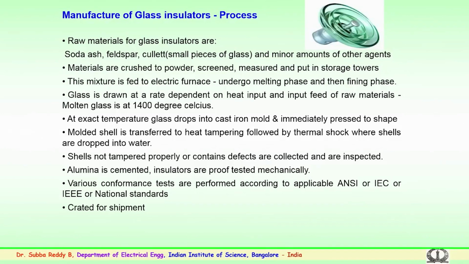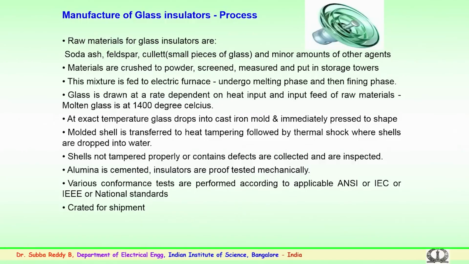This could be small pieces of glass with minor amounts of other agents. These materials are crushed to a powdered form, properly screened, measured and later put into storage towers.